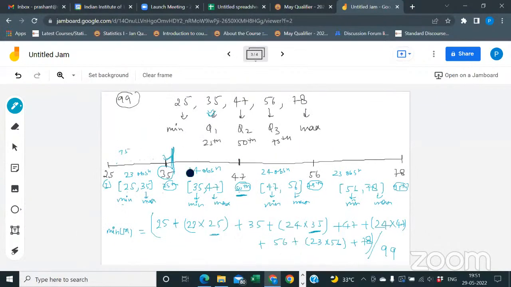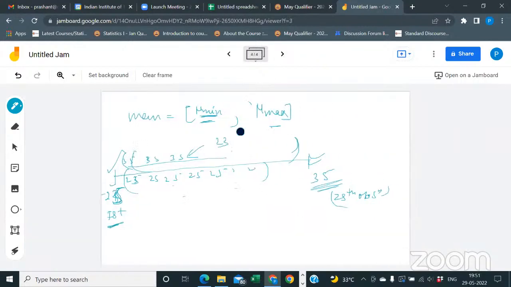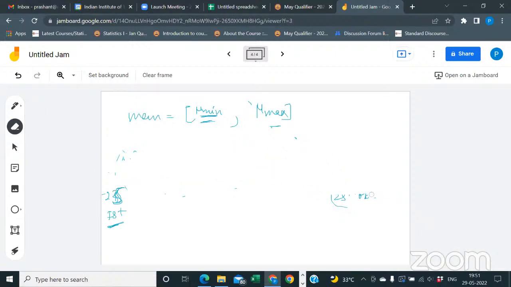In the second one, from the 25th and 50th, right? In the first quartile, sir, again there are 23 observations between the 25th and 50th. Exactly. We have taken 35 as a minimum.